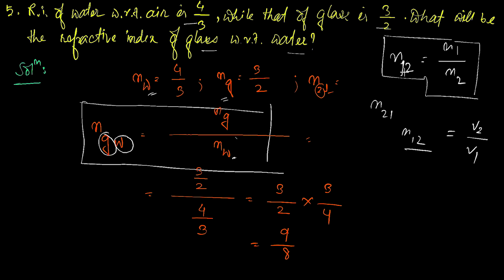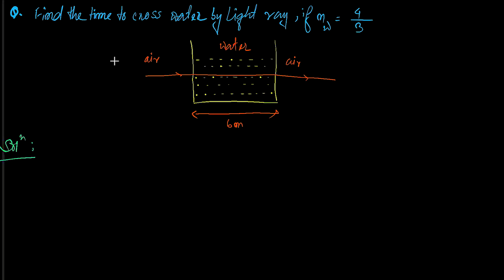Now our next question says: find the time taken by a light ray to cross the water, if the refractive index of water is given as 4 by 3. Here, this is the air medium, this is also the air medium, and this is the water medium.